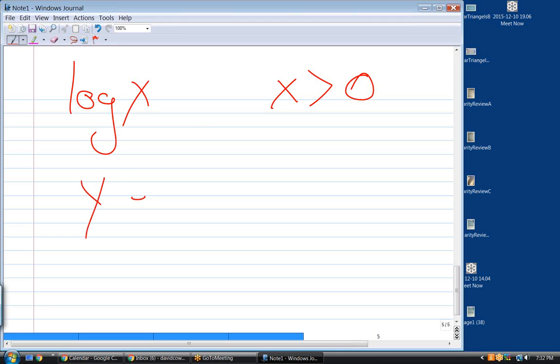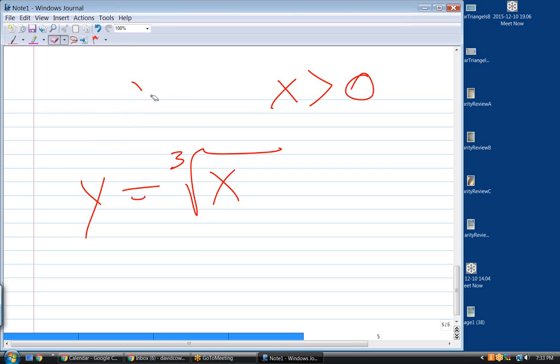What's the domain here? Cube root of x. Still, it's got to be greater than or equal to 0. No, it doesn't. All reals. You can take the cube root of a negative number. If I take the cube root of a negative, any odd root. If it's an odd root, you can take it of a negative number.